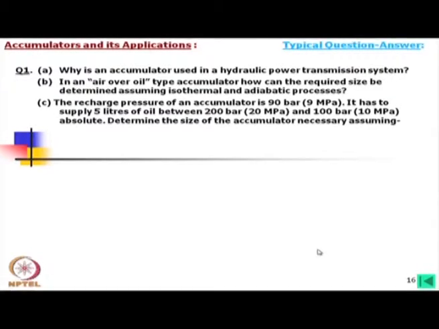Then the recharge pressure of an accumulator is 90 bar, 9 megapascal. It has to supply 5 liters of oil between 200 bar, that is 20 megapascal, and 100 bar, 10 megapascal absolute. Determine the size of the accumulator necessary, assuming 1 is isothermal and 2 is isentropic process. Means in this case we may consider adiabatic.